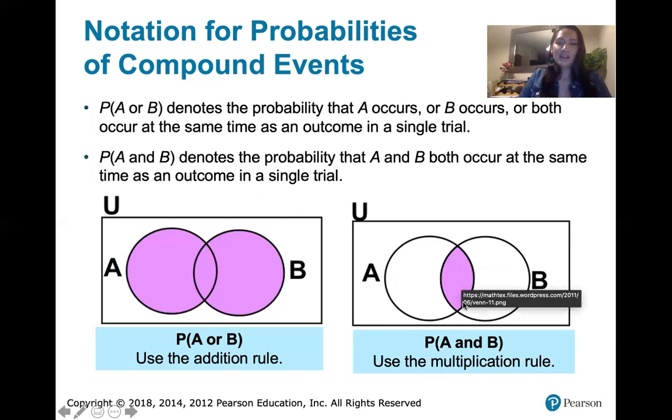The events that are in this overlap in our Venn diagram are the events where A and B occur at the same time. So we would take the number of events that occur in A and B at the same time and divide by the total number of possible outcomes, and that's going to get us the probability that A and B occur at the same time. We will use the multiplication rule to find probabilities of A and B later this semester.